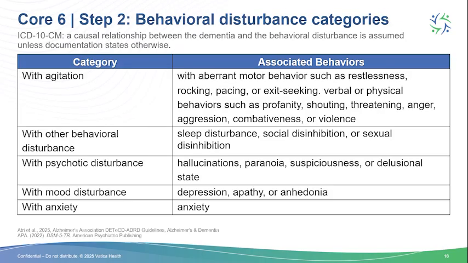So here's some examples of symptoms that fall into the different categories for your reference. And another point on behavioral disturbance. The ICD-10 dementia codes use the word with, dementia with behavioral disturbance. This means a causal relationship between the dementia and the behavioral disturbance is assumed.